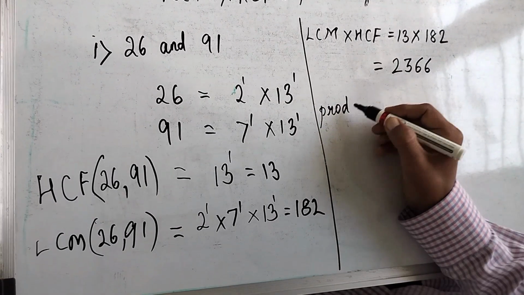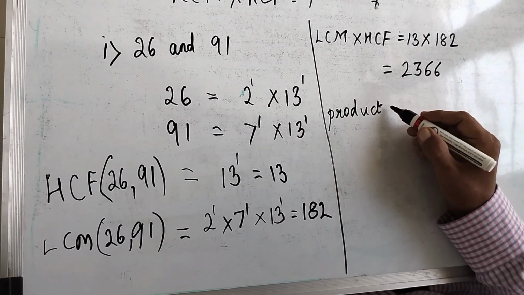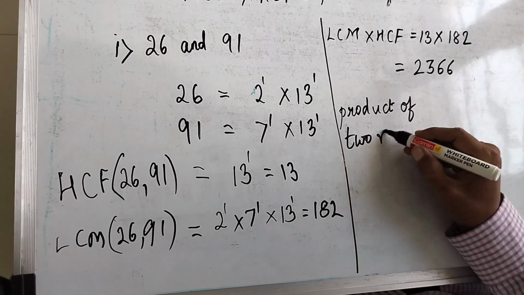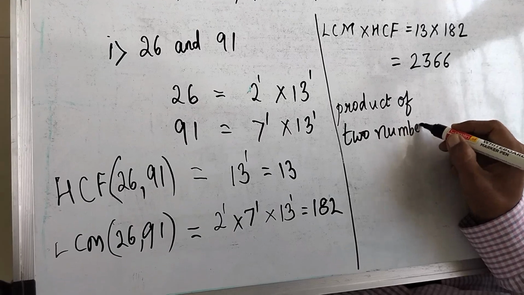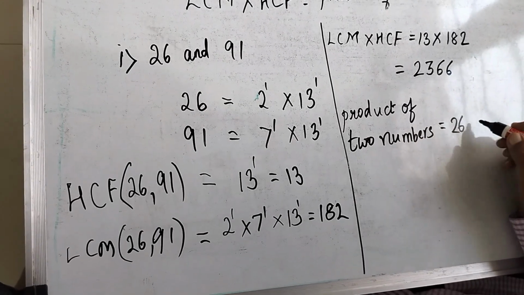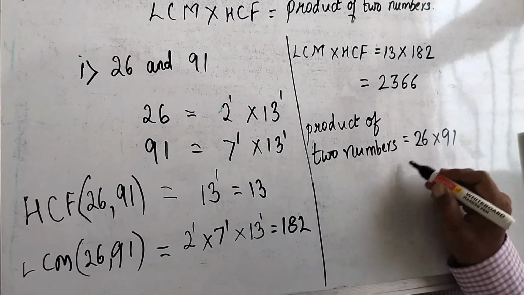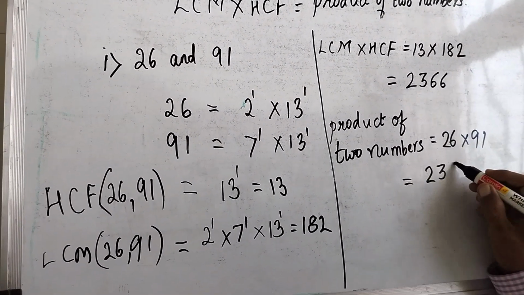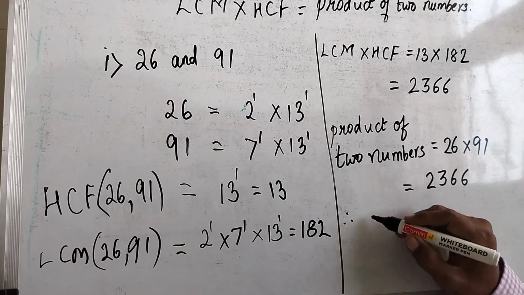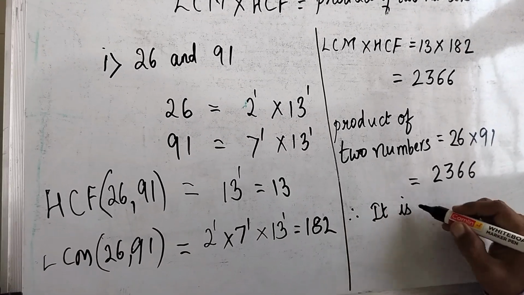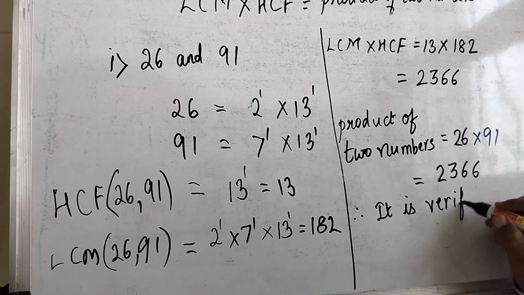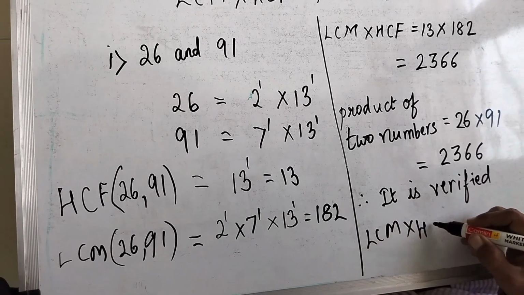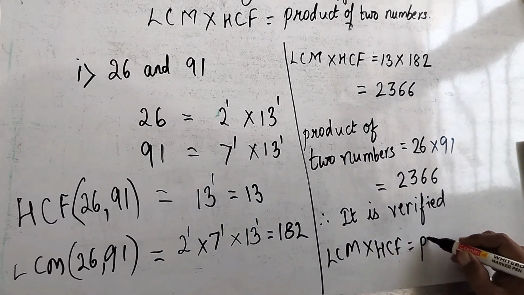What are the two numbers which are given? 26 and 91. When we multiply 26 and 91, we are again going to get 2366. Therefore it is verified. What is verified? That LCM into HCF is equal to the product of two numbers.